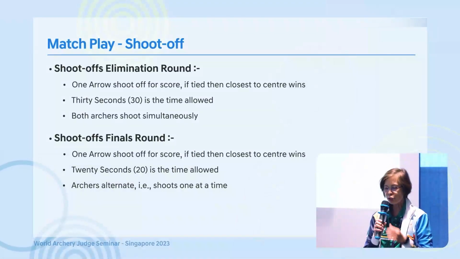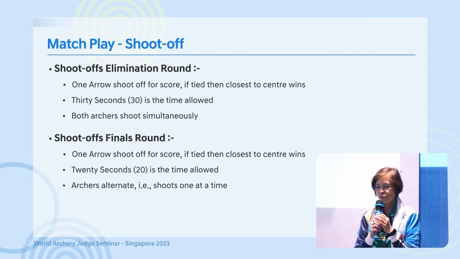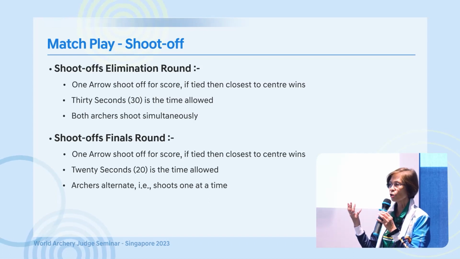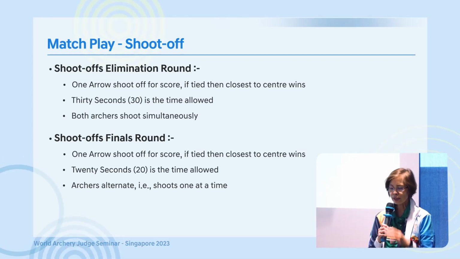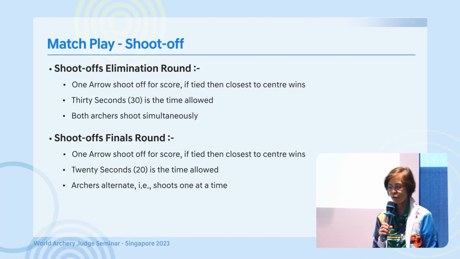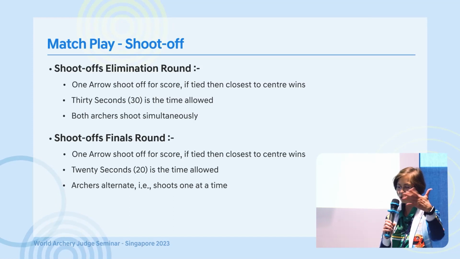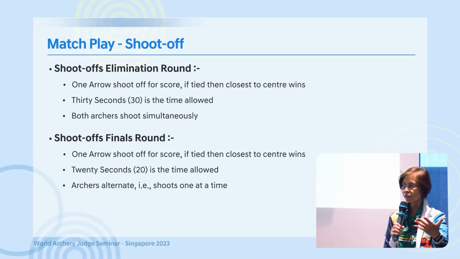So in the match play shoot-off elimination round, of course it's 1 arrow shoot-off per score. If tied, then closest to the center. 30 seconds is time allowed. Both archers shoot simultaneously. So these are basic rules. And for the finals, 1 arrow shoot-off per score. If tied, closest to the center wins. Because this is alternating shooting, how many seconds? 20.